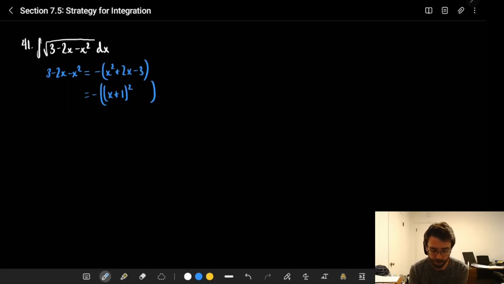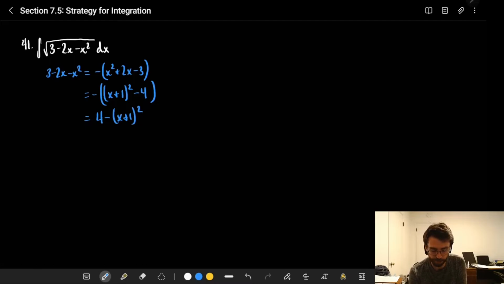That would be x squared plus 2x plus 1. But I want the minus 3 out back, so I subtract 4. So completing the square gets me that. Let's factor the negative back in, so that's 4 minus x plus 1 squared.